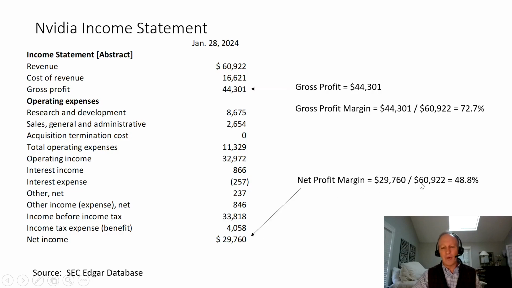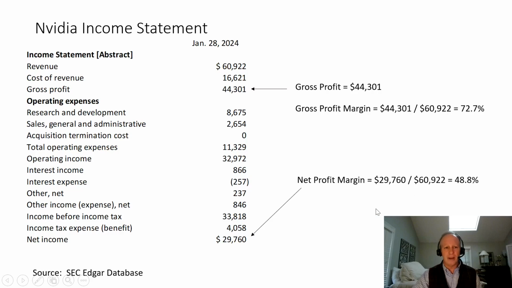You take a look at their net profit margin, that's 48.8%. That is a massive number, much bigger than a lot of companies in the U.S. today. So every time you hand Nvidia a dollar, and you probably don't as a person, since Nvidia sells a lot of their chips to other businesses like Apple and Microsoft and Google, anyways, every time they hand Nvidia a dollar, Nvidia gets to keep 48.8% of that in profit. 48 cents, almost 49 cents of that in profit.